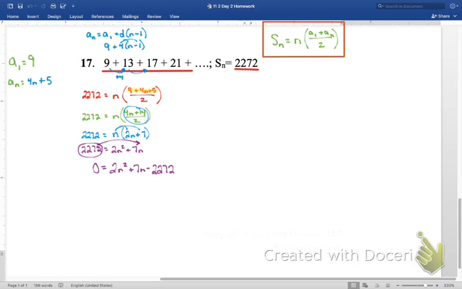Now, again, there's nothing you can factor. You could try to factor, but I would just go with the quadratic formula and have opposite of b plus or minus the square root of 7 squared minus 4 times 2 times negative 2,272, all divided by 2a, or 2 times 2.